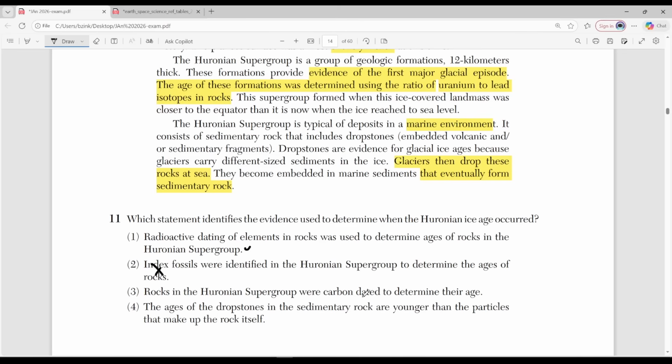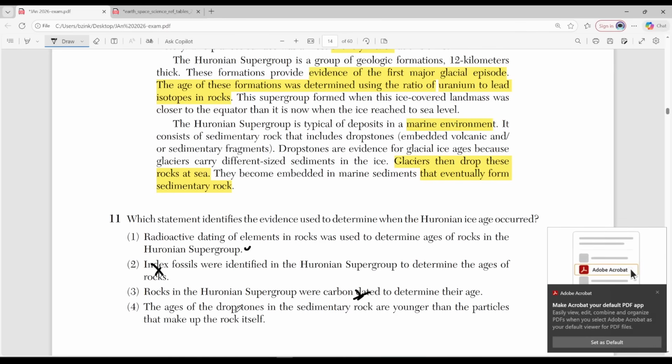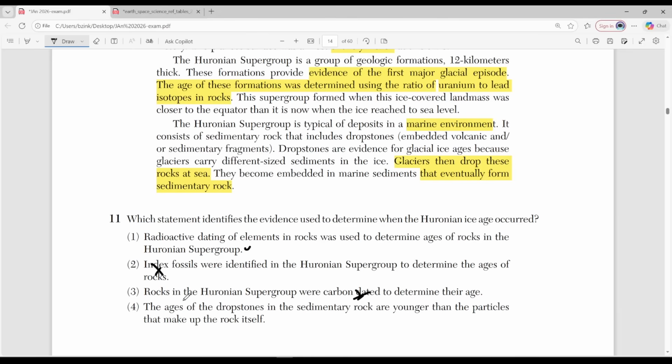No, because it wasn't using carbon. And then the ages of the dropstones in the sedimentary rock are younger than the particles that make up the rock itself. No, because they eventually formed the sedimentary rock, so that's wrong. So this is 1. Listen, this question was so easy as long as you know what radioactive decay is.